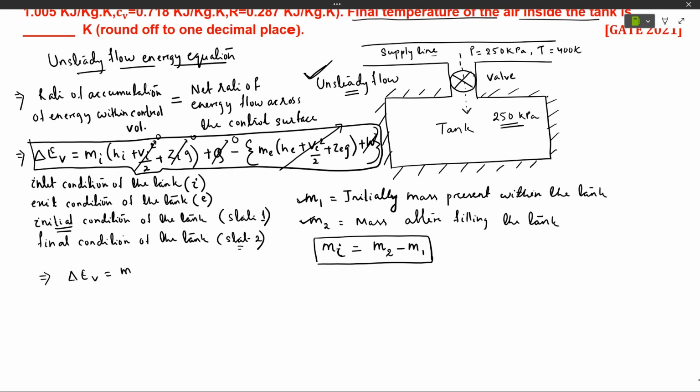And see, this ΔE_V is nothing but the accumulation of energy within the insulated tank. So here we have to assume that the internal energy is accumulated within the tank and there is nothing regarding kinetic energy and potential energy, so we neglect the kinetic energy and potential energy within the tank.